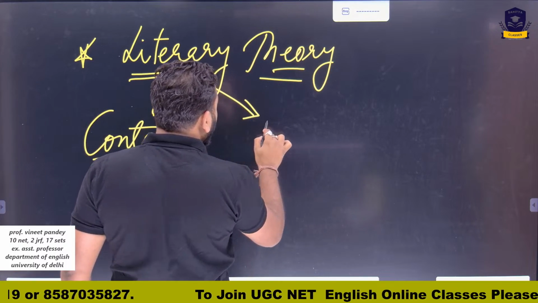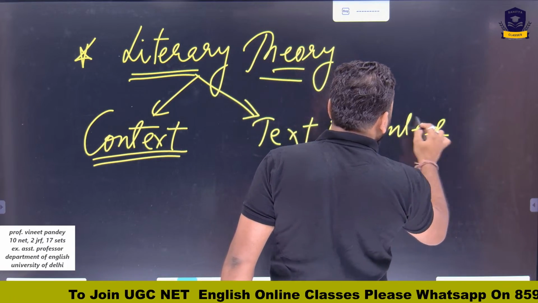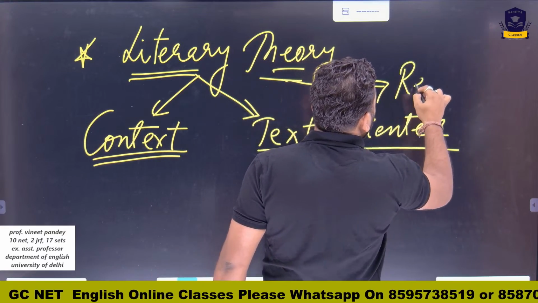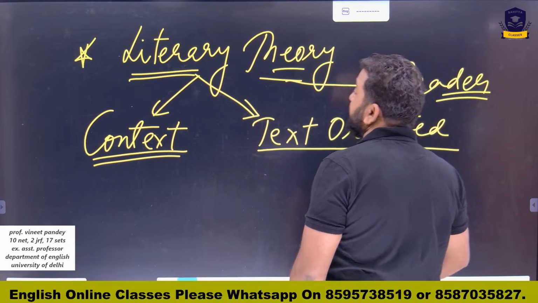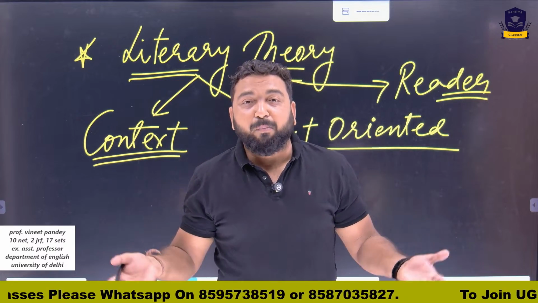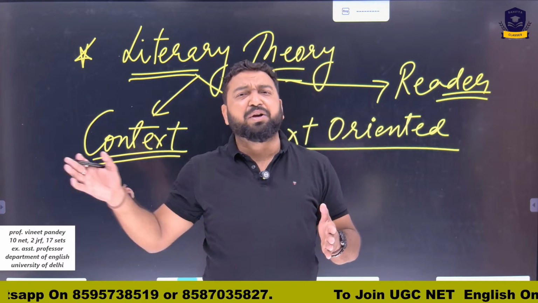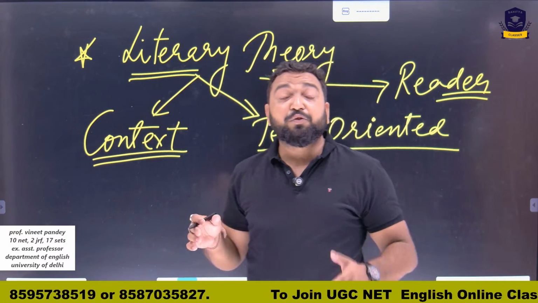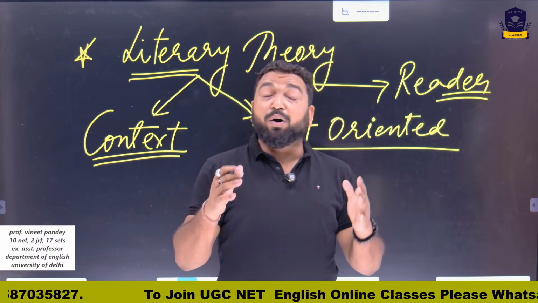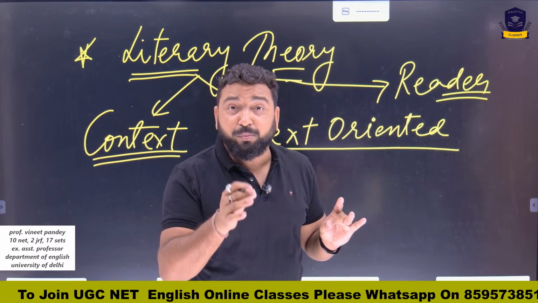Context-oriented theories, text-oriented approach, reader-oriented approach, these kind of concepts, various theories. So in context-oriented theories, you will have feminism, post-colonials, Marxism, the archetype mythological theories, psychoanalysis and all. In text-oriented theories, you will be going for structuralism, post-structuralism, deconstruction, new criticism, formalism. Author-oriented approaches, maybe we have to choose some stylistics and the concept of author function by Foucault.